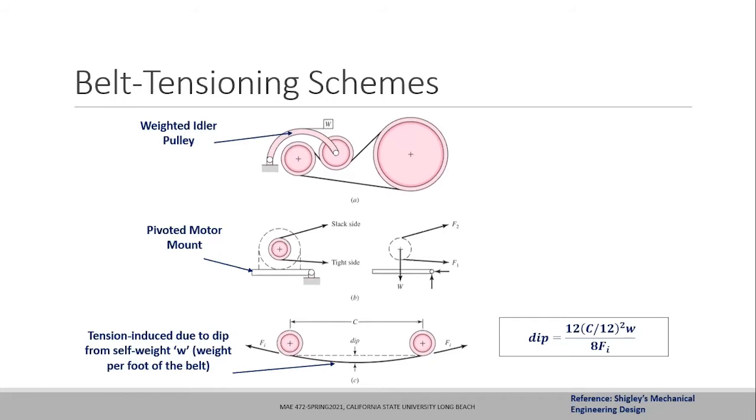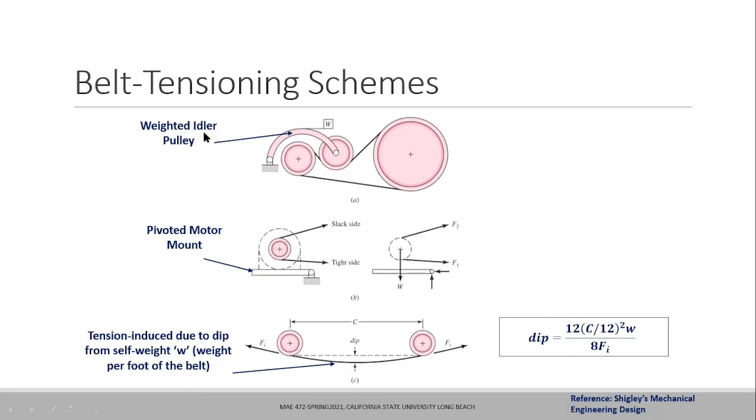Because of that, we have to provide some techniques or some means to increase that initial tension. So these are some of the schemes that you can implement for readjusting the tension in the belt.